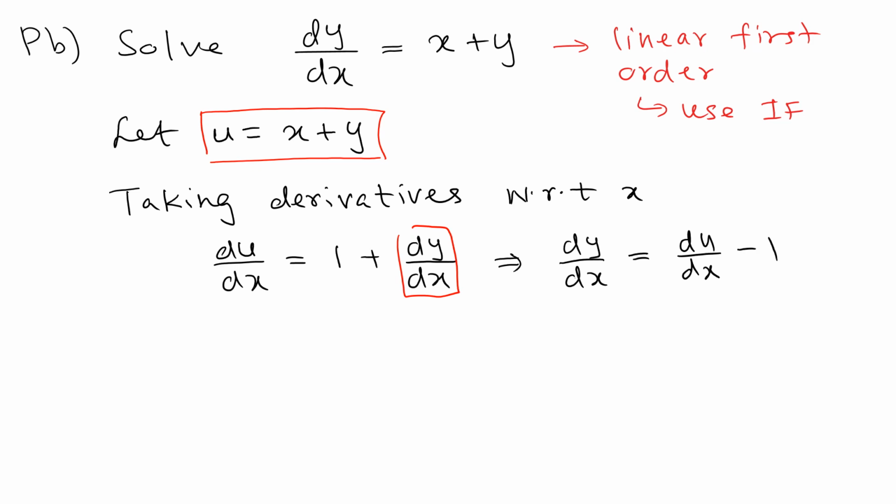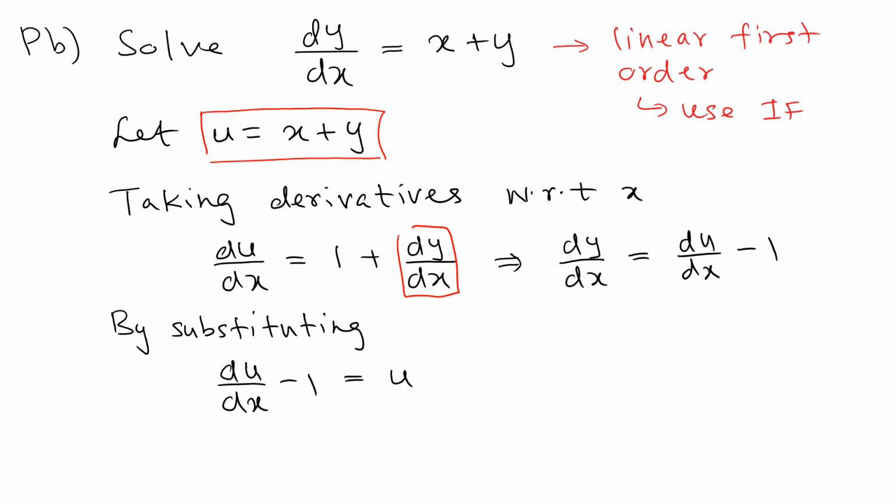Now we can substitute. By substituting, the dy by dx part is going to be du over dx minus 1, and then x plus y is u. So that's what you get. Now you will see that this is again first order linear, because you can move the u term to the other side, but we have a different technique now.